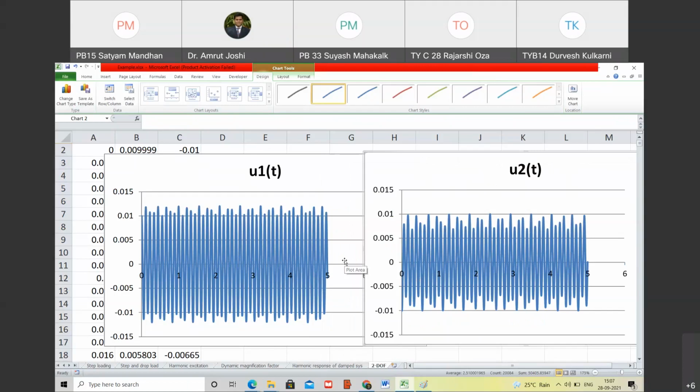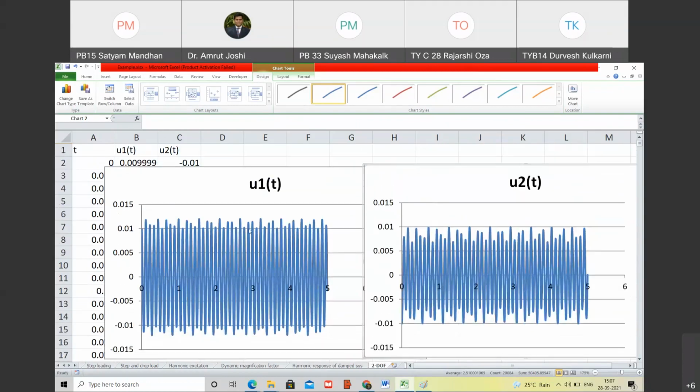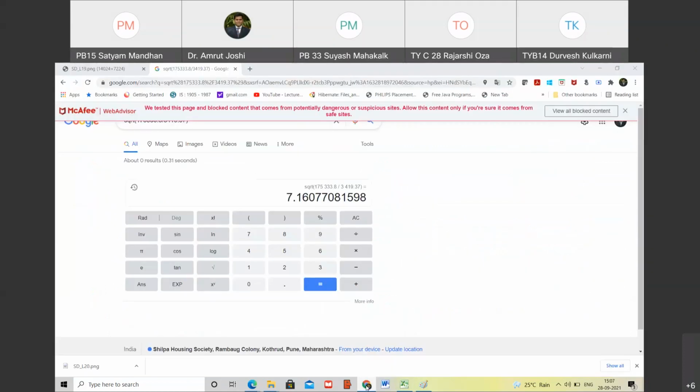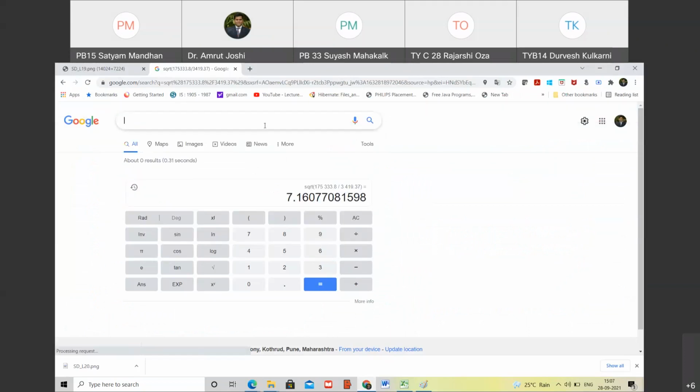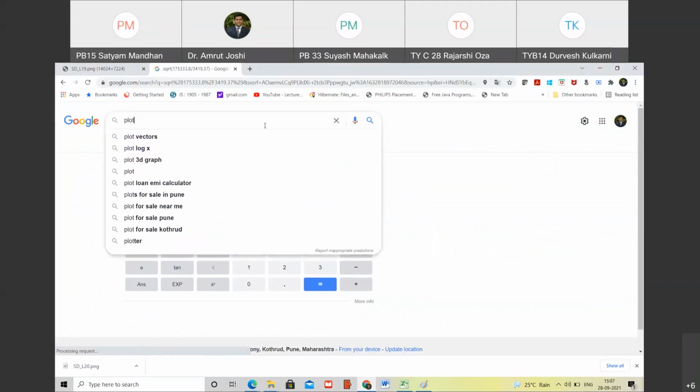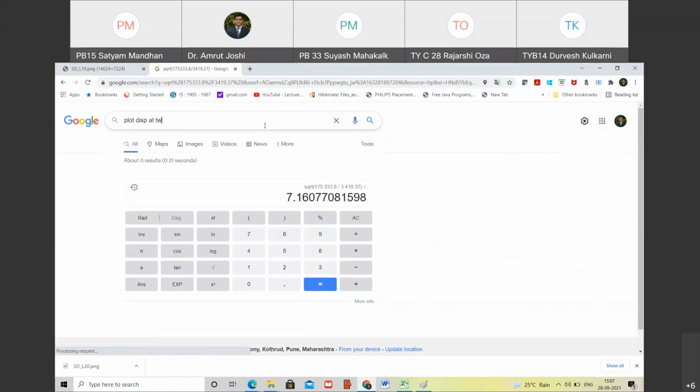Now before we move ahead, I want one more plot to be drawn, and that plot is visualization of U1 and U2 together. That means at a given instant of time, I should be able to see the deformed shape. So let us try to look at some online tools if they are available.